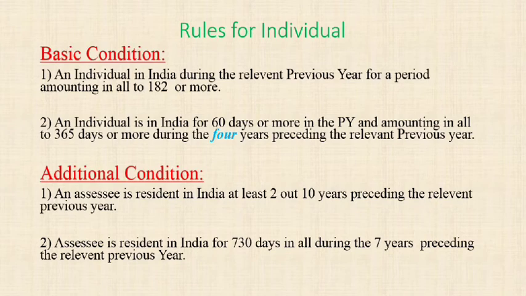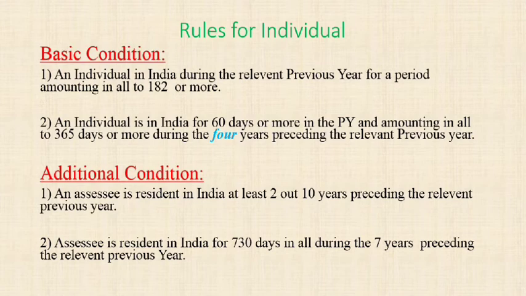Here our previous year is 2019-20. The 7 years preceding start from 2012 to 31st March 2019. During that period he has to have stayed in India for 730 days or more. He has satisfied the second additional condition.